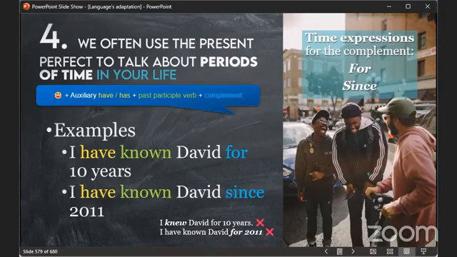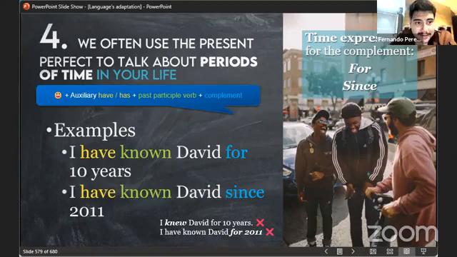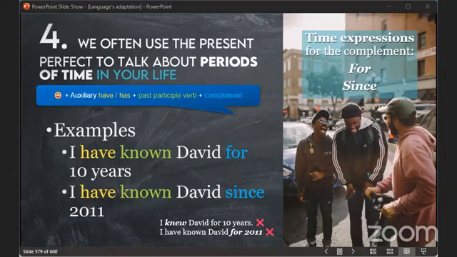Okay. I have driven for 30 years. Excellent. That's correct. Perfect. Similar example with since. I have driven since.